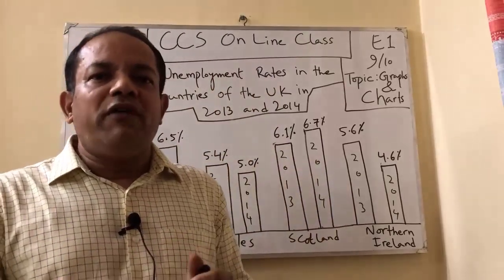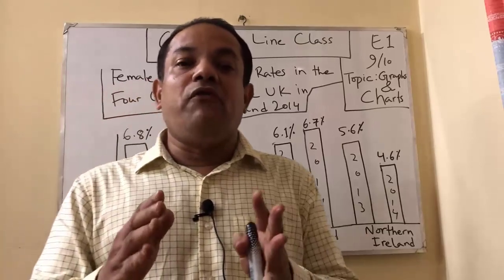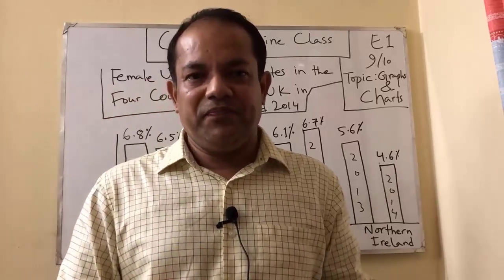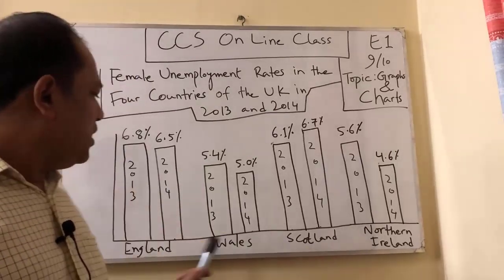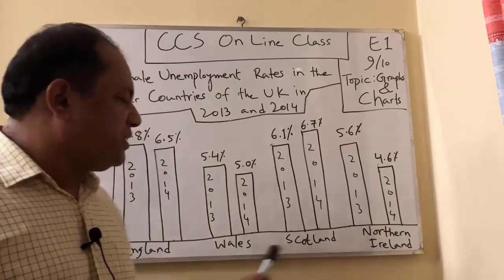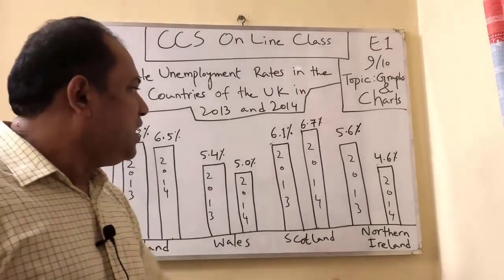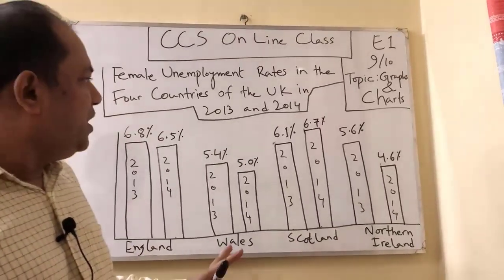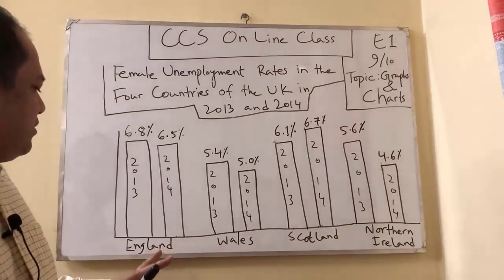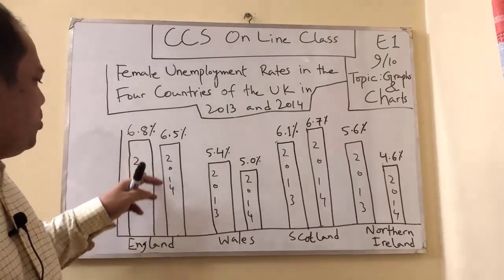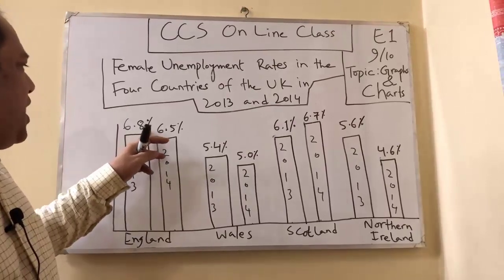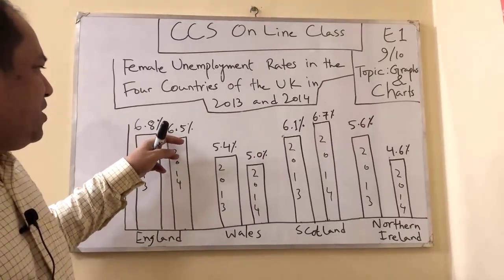So in the overview, you will go for highest and lowest. For example, in this bar chart, among the 4 countries, you see that in England, the female unemployment rate in 2013 was 6.8%.